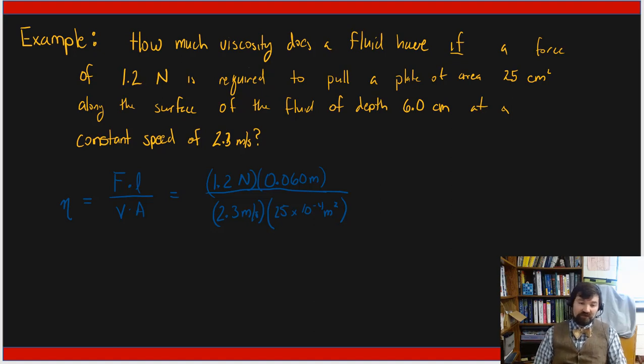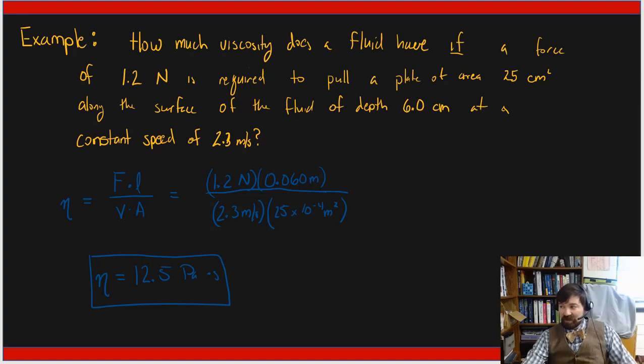So this is actually a very viscous fluid for what it's worth. Your viscosity is about 12.5 Pascal seconds. And again, for what it's worth, there exists a table of viscosity values in your textbook to give some comparisons.